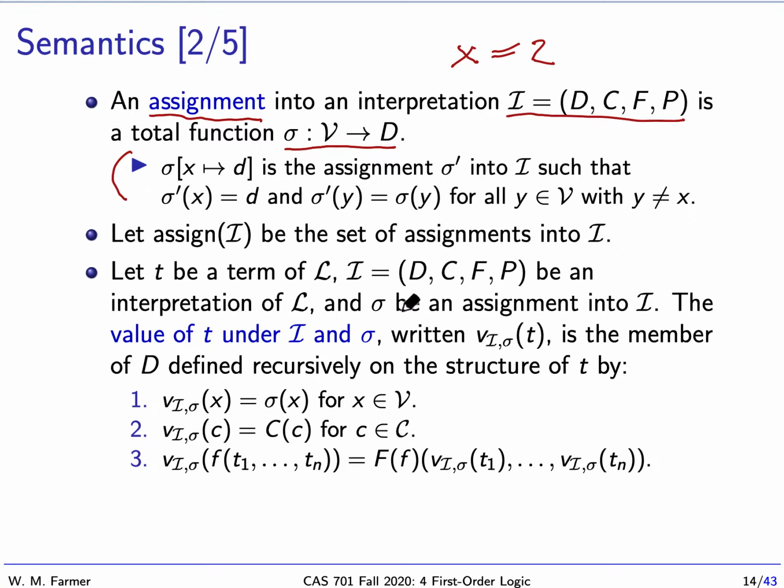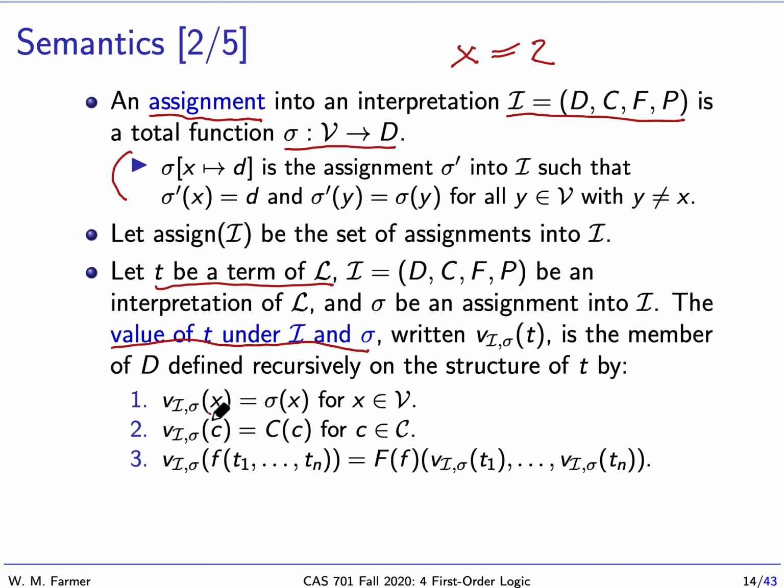Okay, so now we're ready to do what we're really interested in doing. If we have a term of our language, we want to define what the value of that term is under our interpretation and under an assignment. And this breaks down into three parts of our definition, because there are three different types of terms.